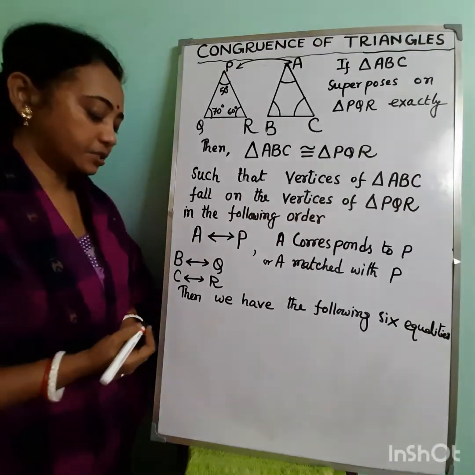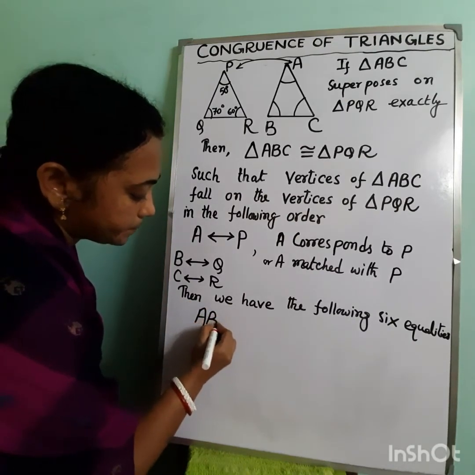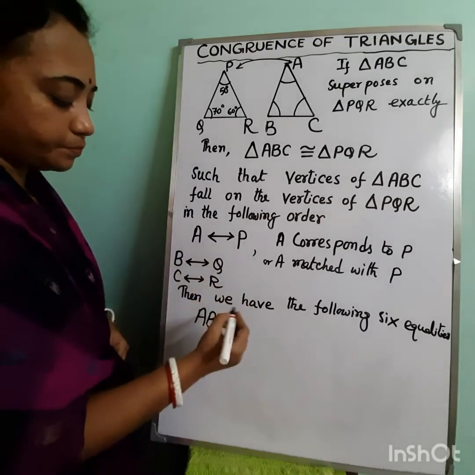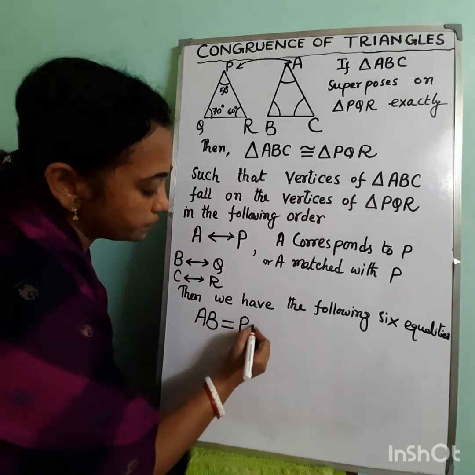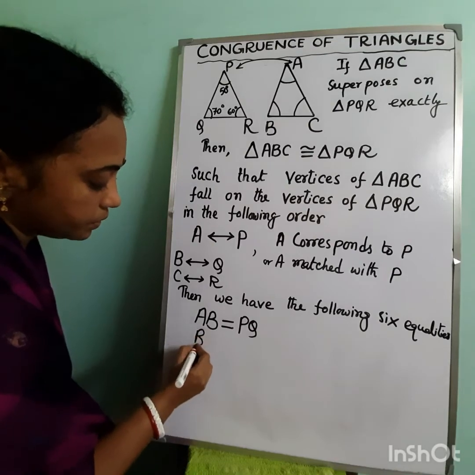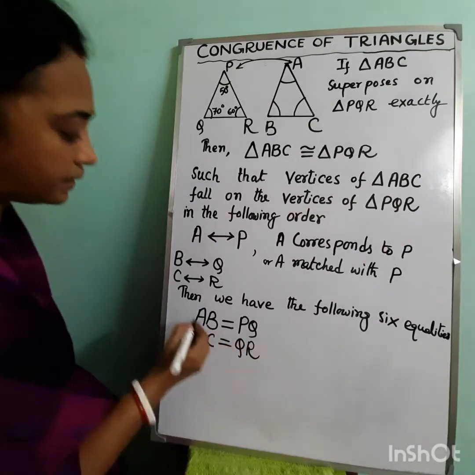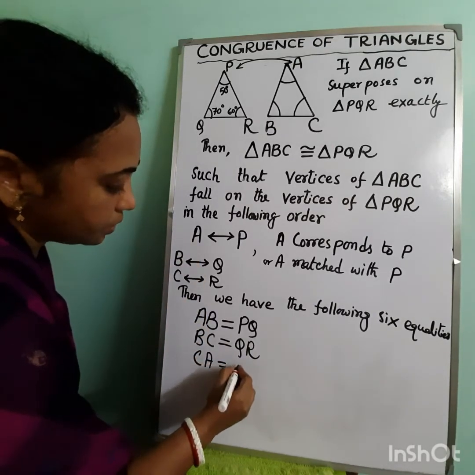So we can write side AB is equal to the corresponding side PQ, because AB is matched with PQ. So AB is equal to PQ. Then BC is equal to QR and CA is equal to RP.